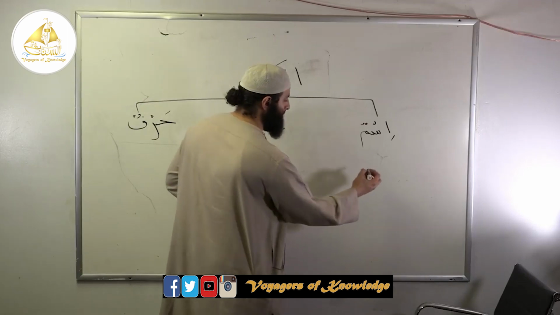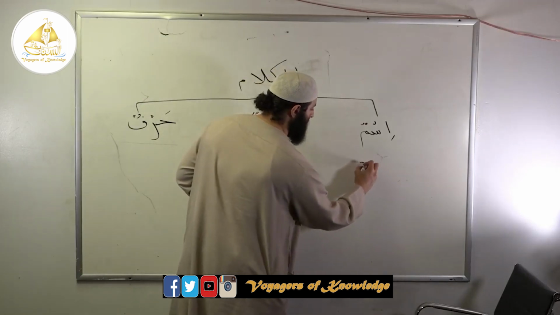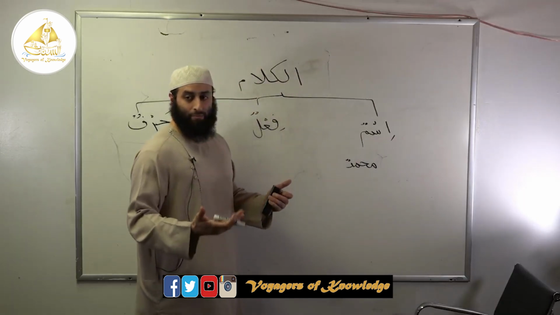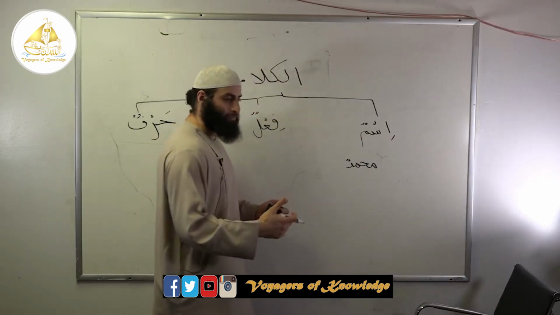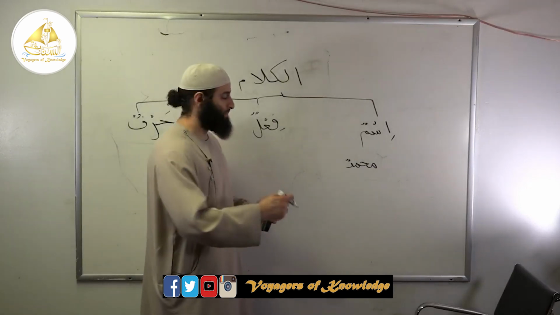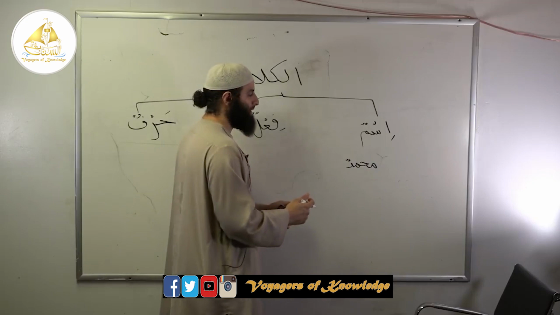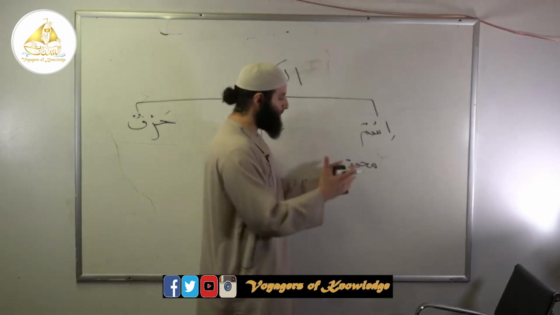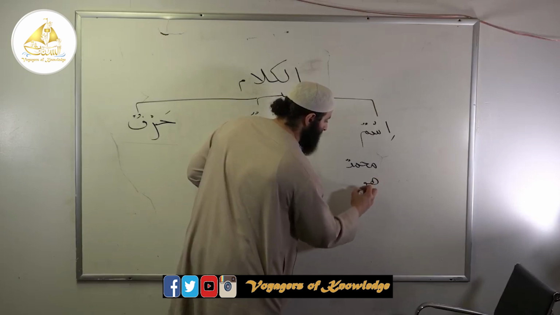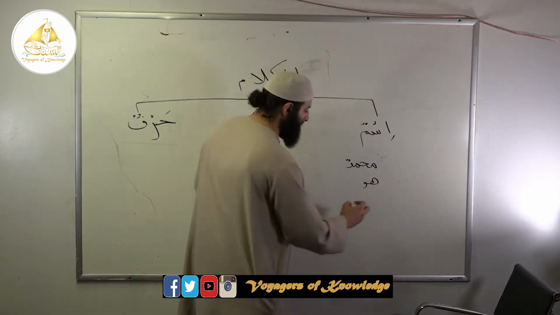So I'm going to use the name Muhammad as just a regular name, right? Muhammadun. Also, you have pronouns that are like he, her, she, them. Those are considered pronouns in Arabic, and they're called dama'ir. But for now, we're just going to put simply something like huwa, right?